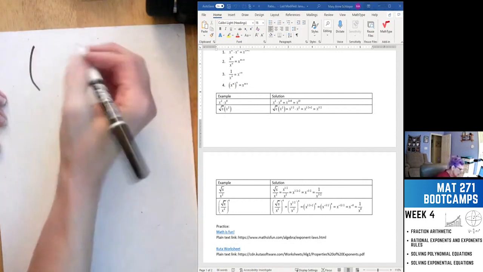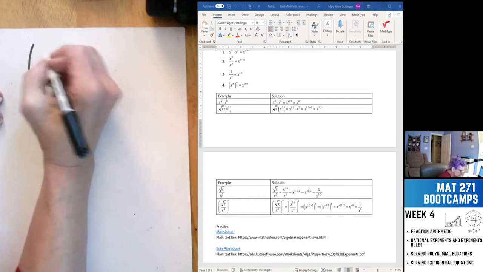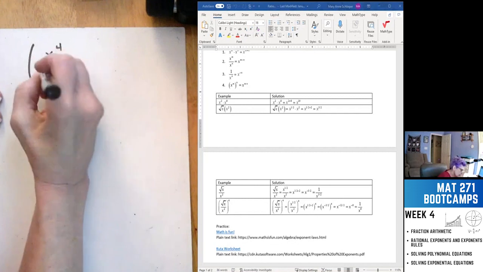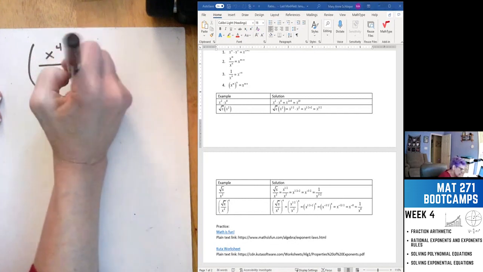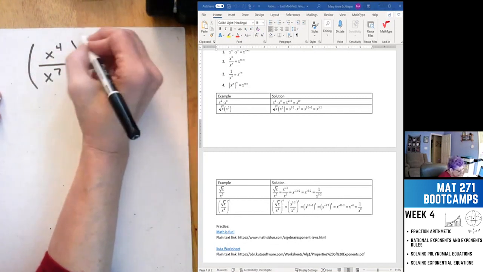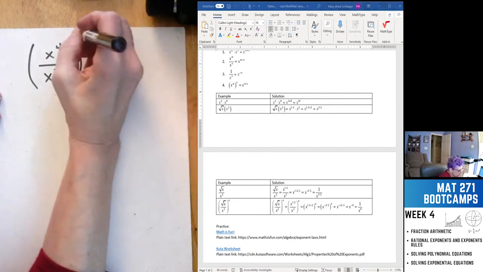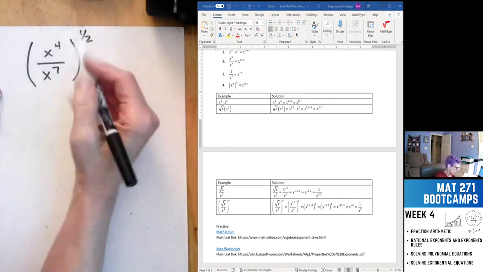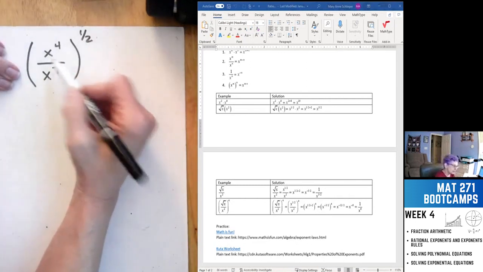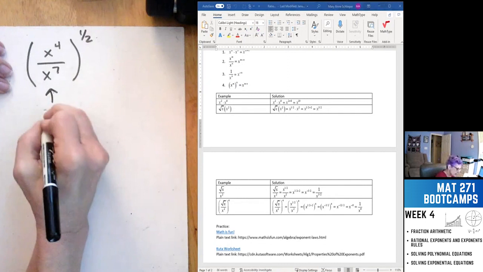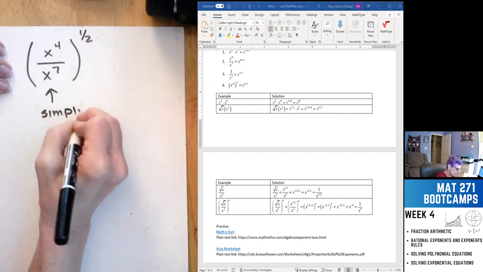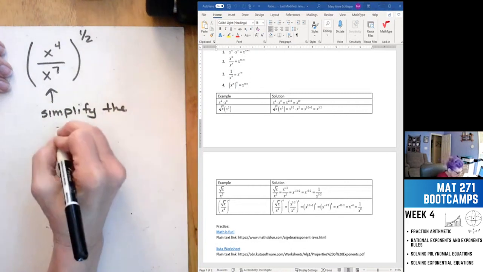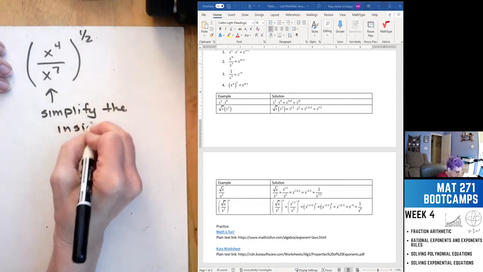Okay, so if we have something like x to the 4th over x to the 7th power, and the whole thing is raised to a power, I'm going to make that one a fraction this time. So first thing I would do is simplify the inside. I had already simplified the inside on the other one.